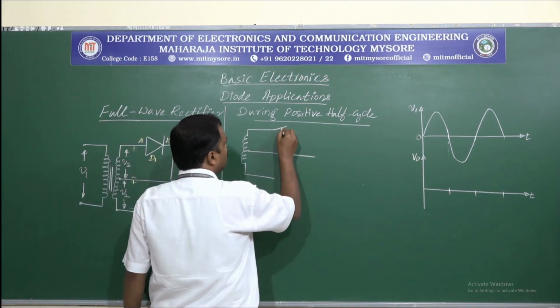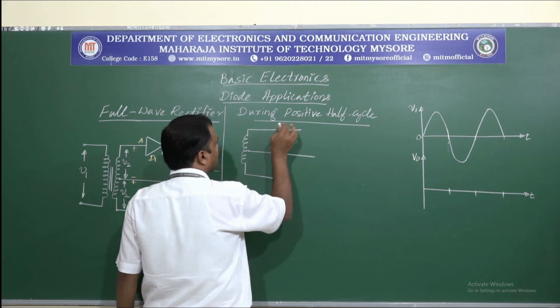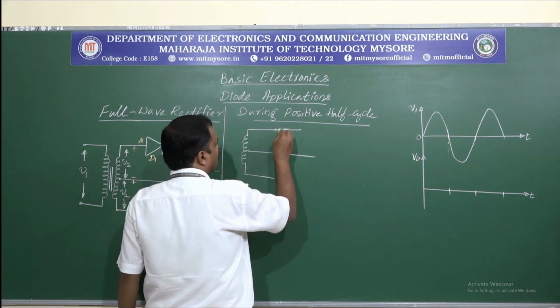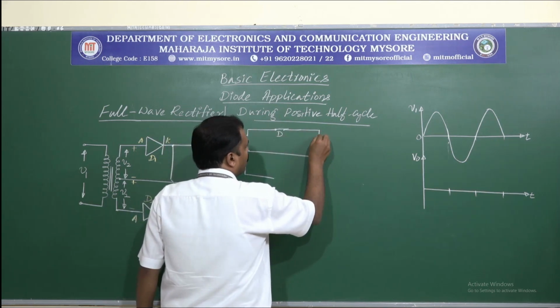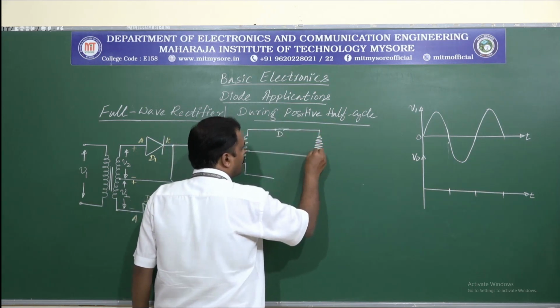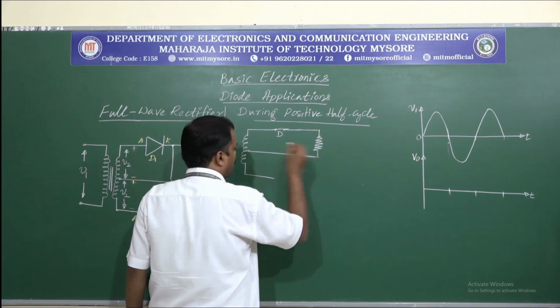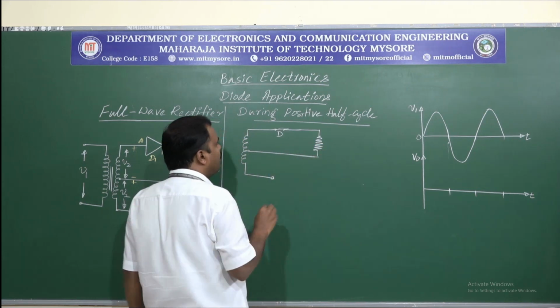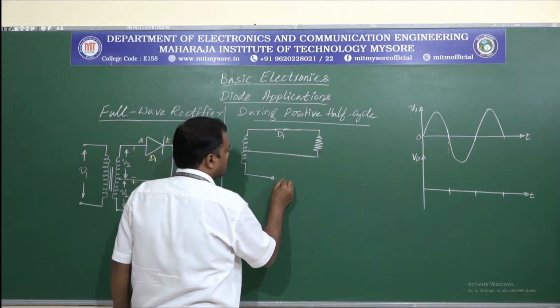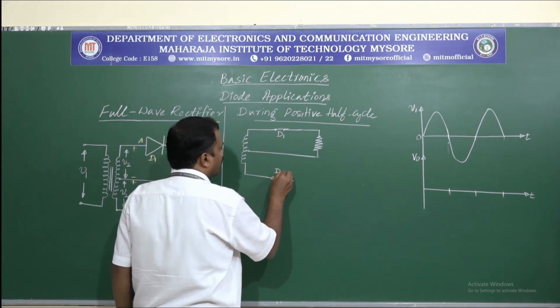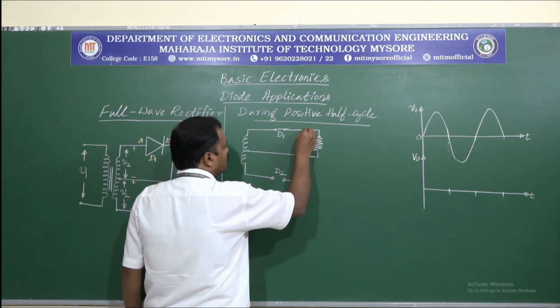So let us show it like this. This is diode D1. And diode D2 will be working as an open switch. So this is diode D2.